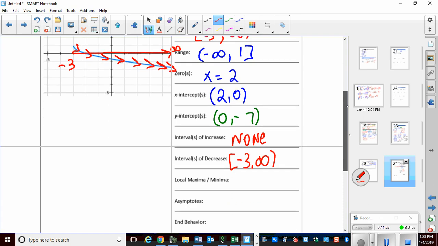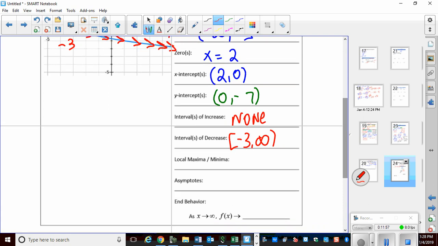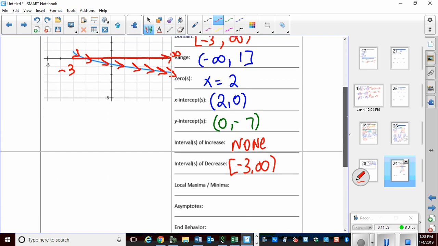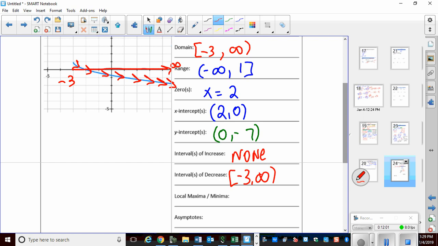Is there a maximum? Technically, no. But I tell you what, if you say that this is the maximum point, because technically it is, I will agree with you. So at (-3, 1).